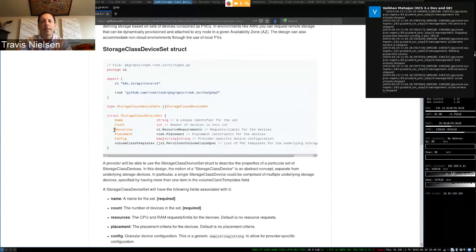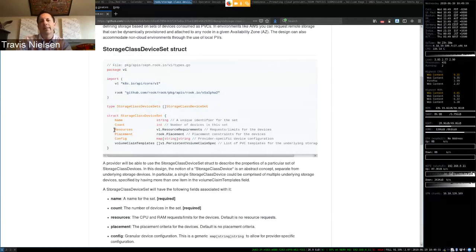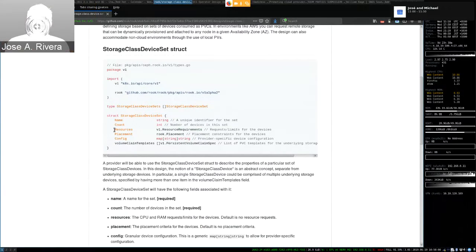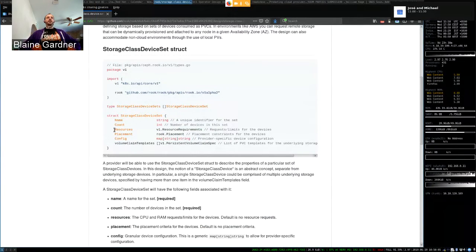Are you asking why these would need to be different, or why specify here if you can specify at a higher level? Correct. I'm trying to understand why disk specifications would need CPU and RAM requests.